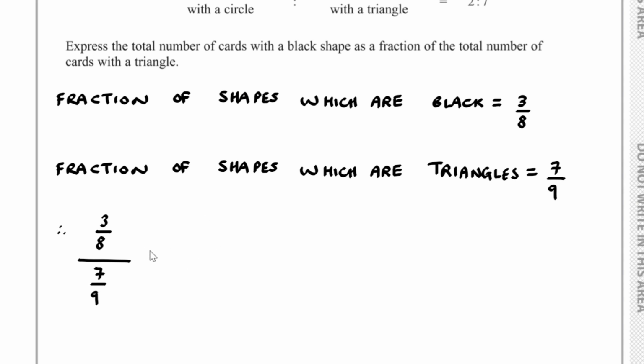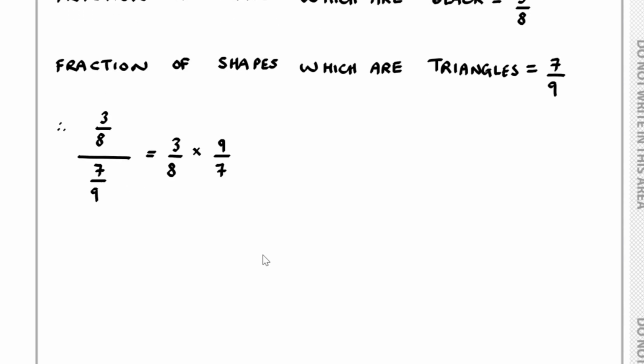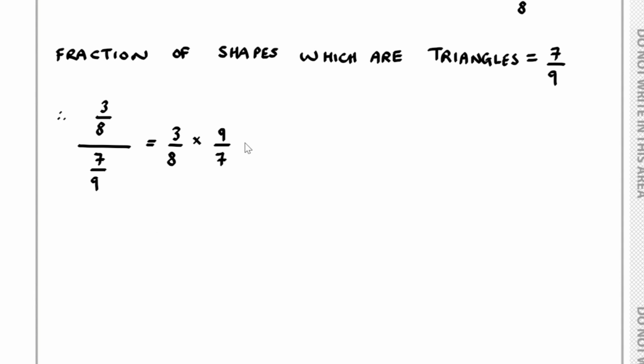And so what this is the same as is working out 3/8 multiplied by 9/7. And continuing on with this, 3 times 9 is 27. 8 times by 7 is 56.